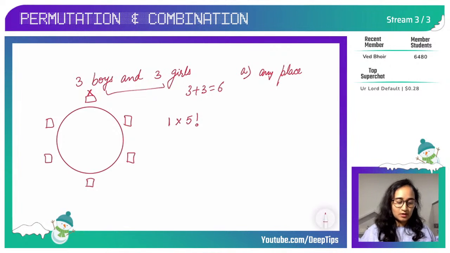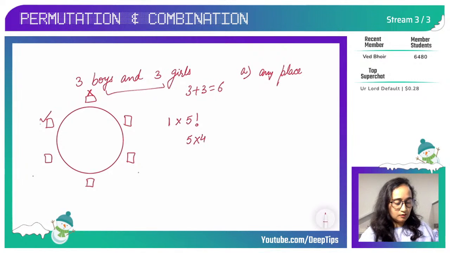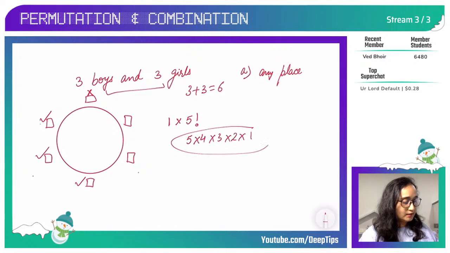The one who comes first has 5 options to sit in. Suppose this seat is filled. Now the next boy or girl who comes in has 4 options. This is filled. Now the third has 3 options, then 2 options, and then the last seat which is left. That's why 5 factorial ways to fill in the remaining 5 seats.